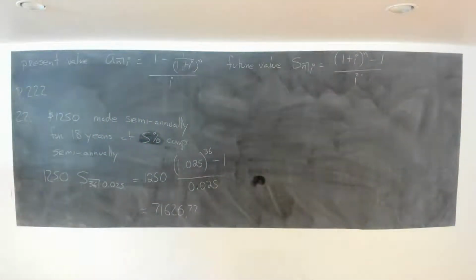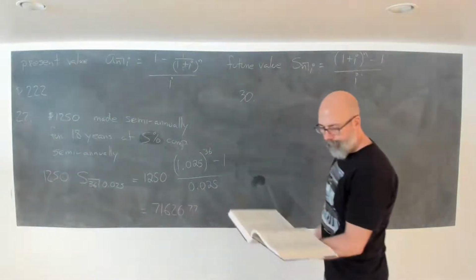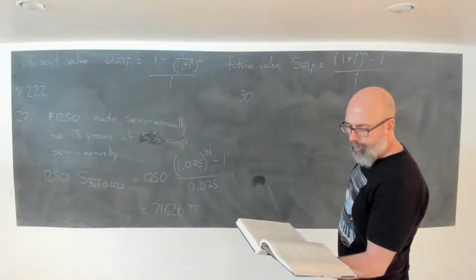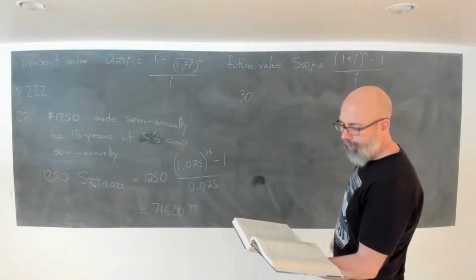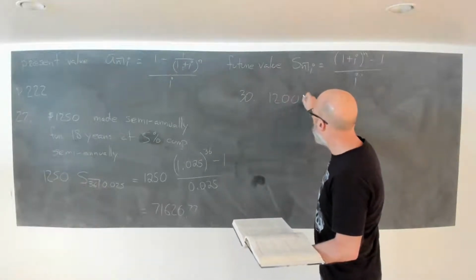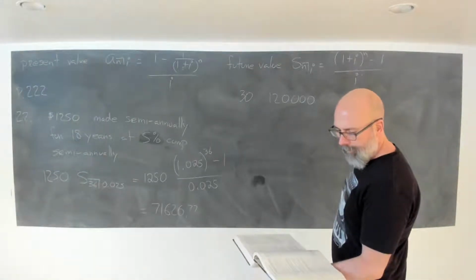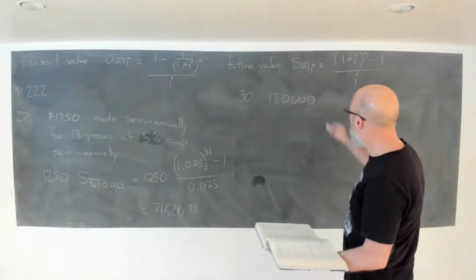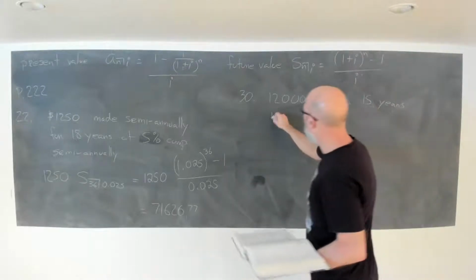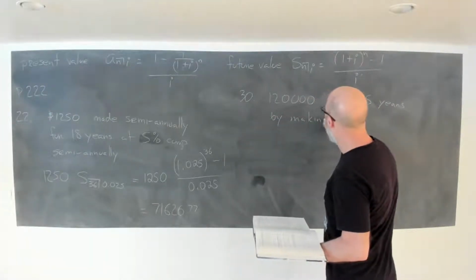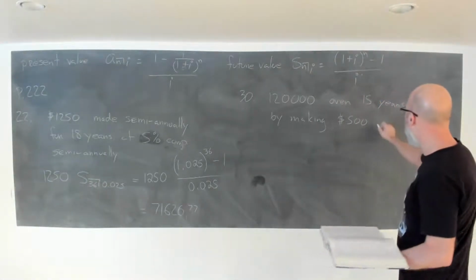Consider the following question. Determine the interest rate needed to accumulate 120,000 over 15 years by making $500 monthly deposits.